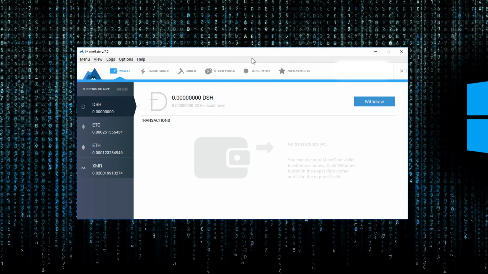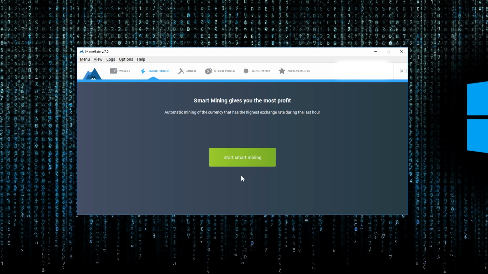Now this is the Minergate client you can use to mine, and you have here a smart miner. I don't recommend using this ever, because this is not good. This is a smart miner that thinks it's smart. However, this changes all the time, and you don't want to put your hashing power and your computers in the responsibility of some old app.